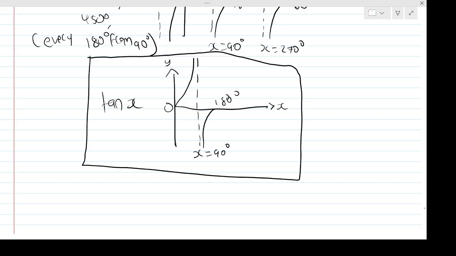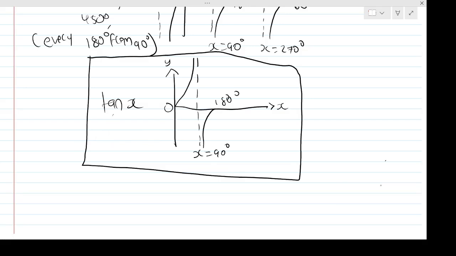So this graph here will be between 0 and 180 degrees. You would express it in this sort of interval inequality notation, where you express the values of x you want to draw the graph from to restrict it, because obviously you can't draw the graph forever. But we'll see some questions now.